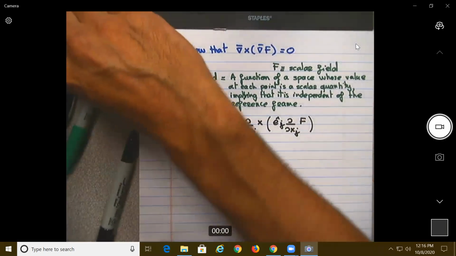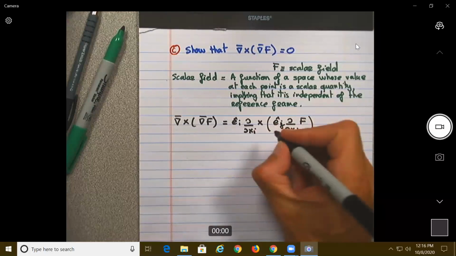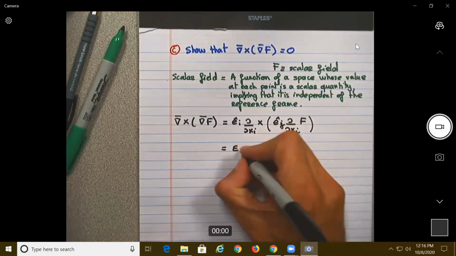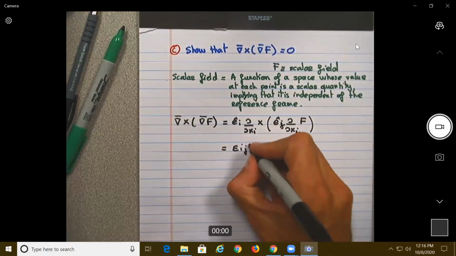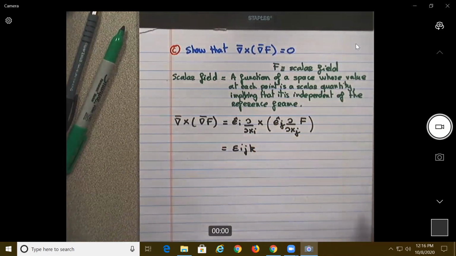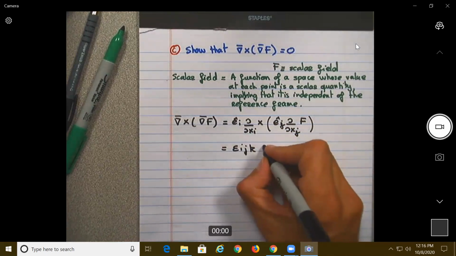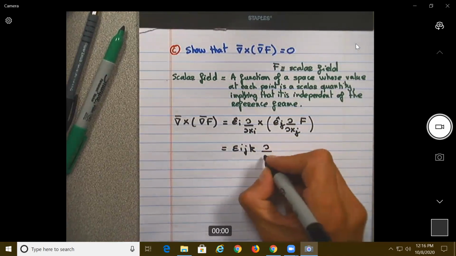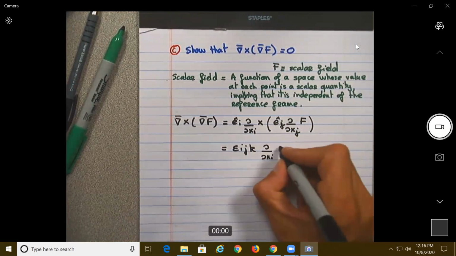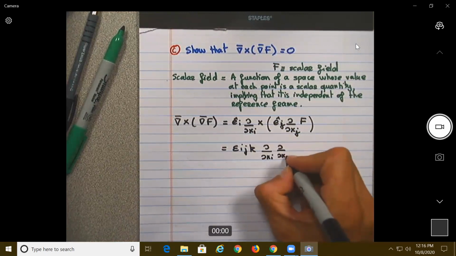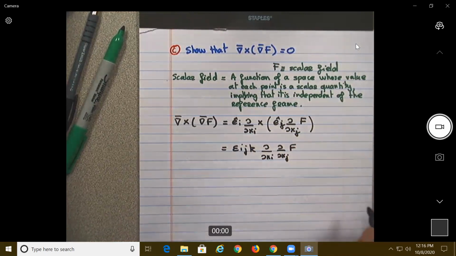Okay, so now we do this cross product. We're going to get epsilon, let's say of ijk, of partial xi partial xj of f.